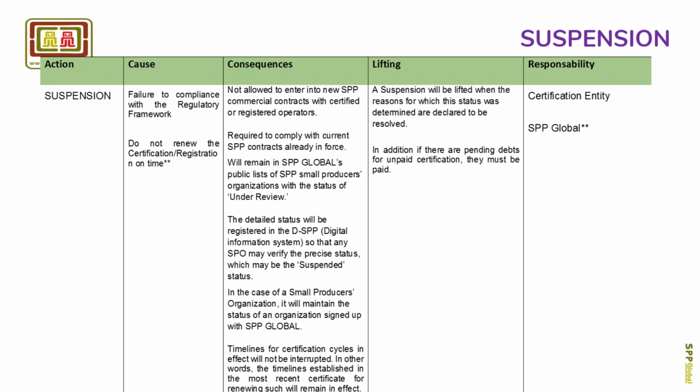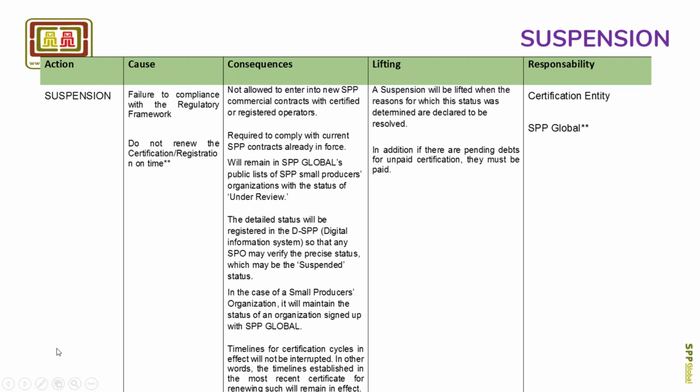And in the case of a small producer organization, it will maintain the status of an organization signed up with SPP Global, but the certification would not be updated, not be currently in effect, and the timelines for certification cycles in effect will not be interrupted. In other words, the timelines established in the most recent certificate for renewing it will remain in effect.